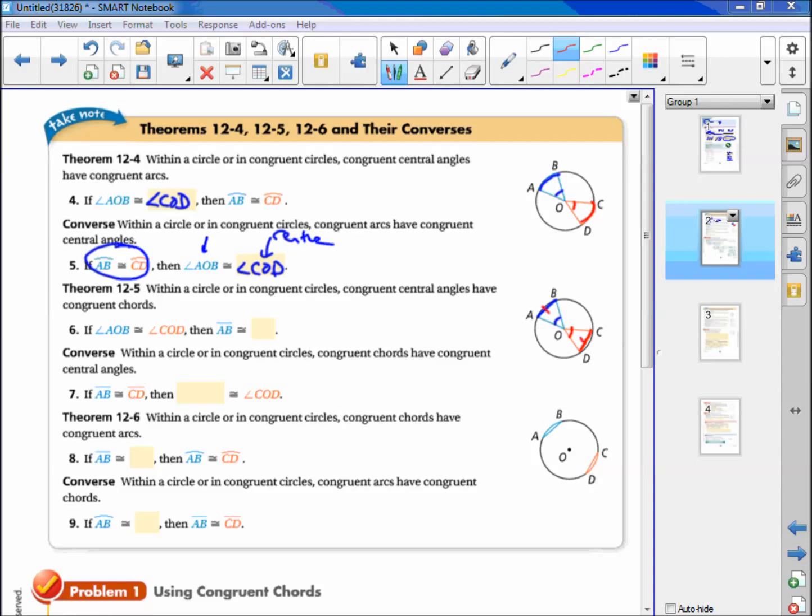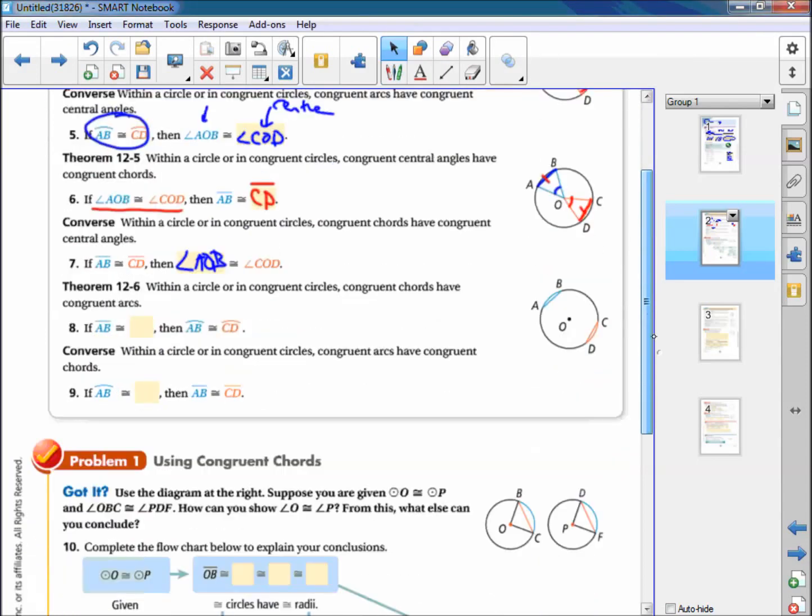So this blue chord should be congruent to this red chord. So if the central angles AOB and COD are congruent, then the chords are congruent. So AB is going to be congruent to CD. Our converse would say if the chords are the same, then the angles are the same. So since AB is congruent to CD, those are the 2 chords, then the central angles related to those, angle AOB, will be congruent to angle COD.